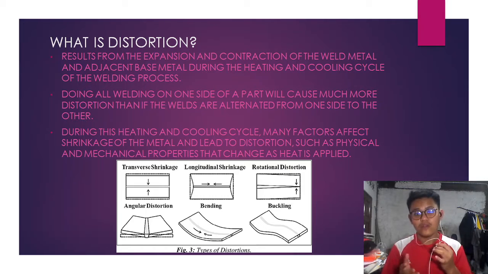Doing all welding on one side of a part will cause much more distortion than if the welds are alternated from one side to the other. During this heating and cooling cycle, many factors affect shrinkage of the metal and the level of distortion, such as physical and mechanical properties that change as the heat is applied.